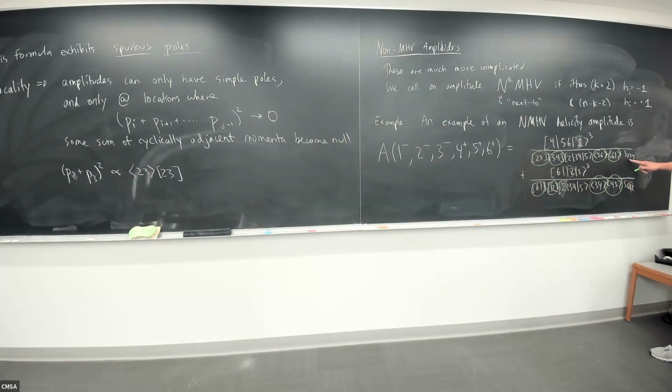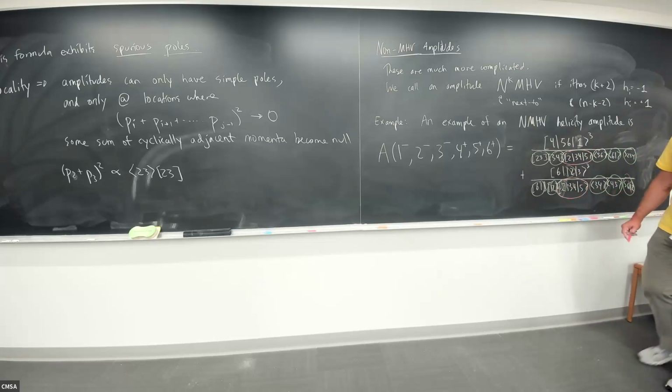These poles are also allowed by locality because S234 is just P2 plus P3 plus P4 squared. But here, these factors in the denominator are disallowed. They indicate the presence of what we call spurious poles.